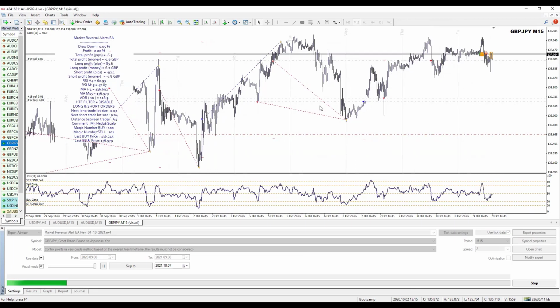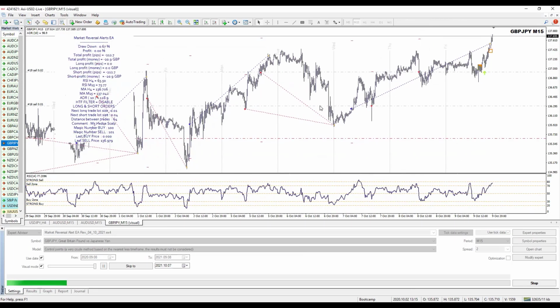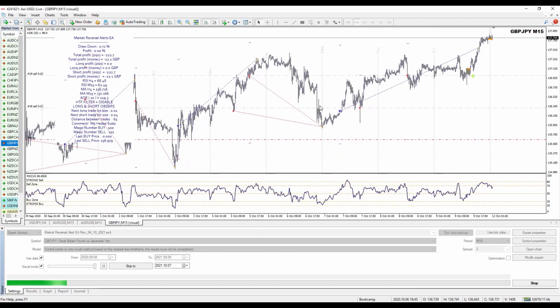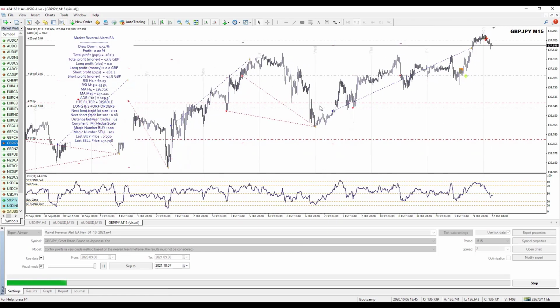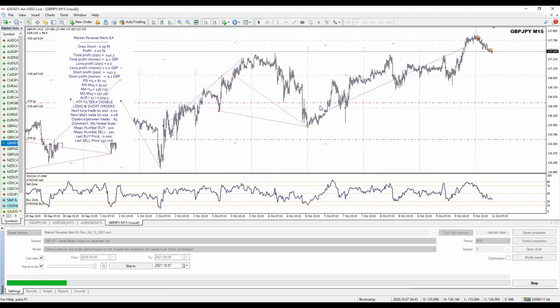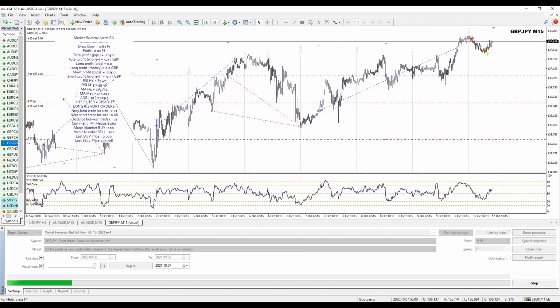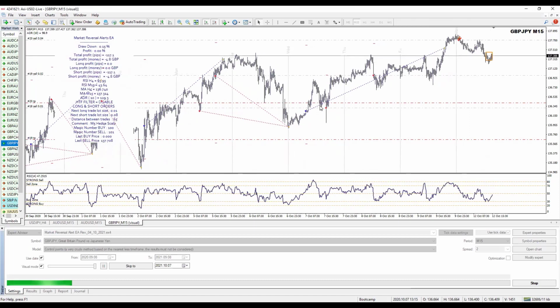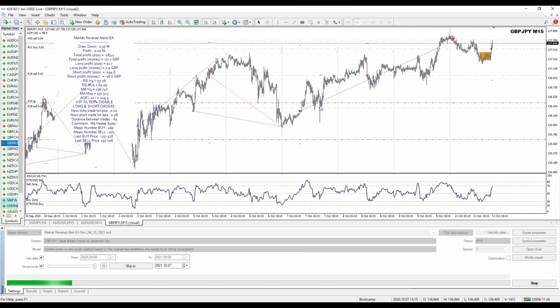But if you're using fixed lot sizing like 0.02s or 0.01s on your positions, you would typically enact aggressive drawdown control or normal drawdown control at some point. But this means you have to do less drawdown control. But when you do need to do it, it needs to be more aggressive.